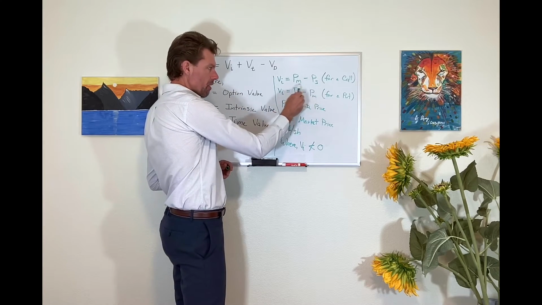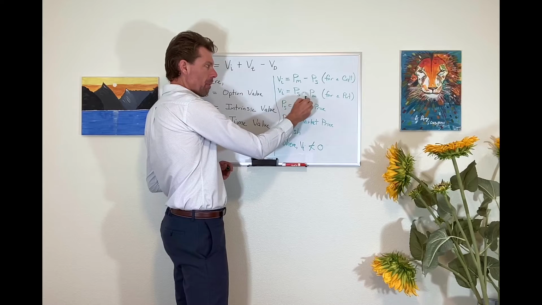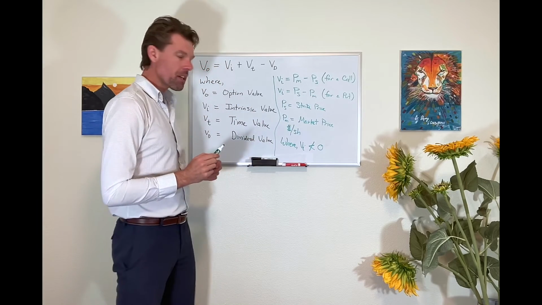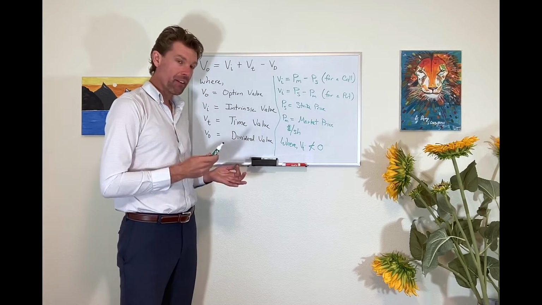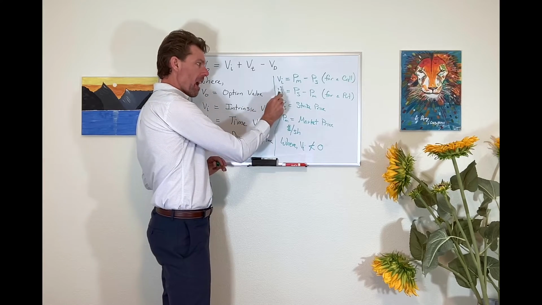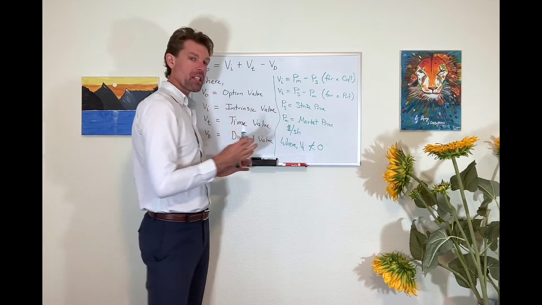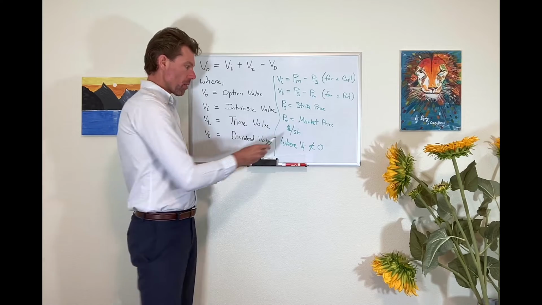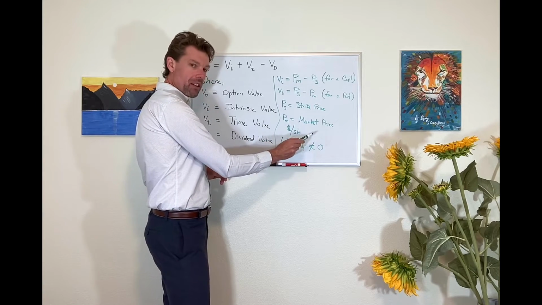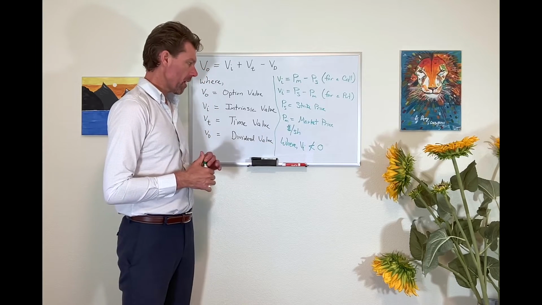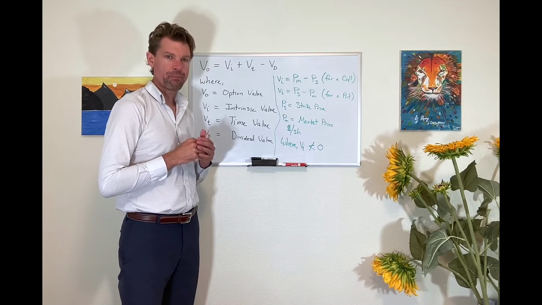If for a put, this little component here, strike price minus the market price, happens to be negative, then again, VI, or the intrinsic value for the put, is 0. So again, VI cannot be less than 0. Very important to acknowledge that.